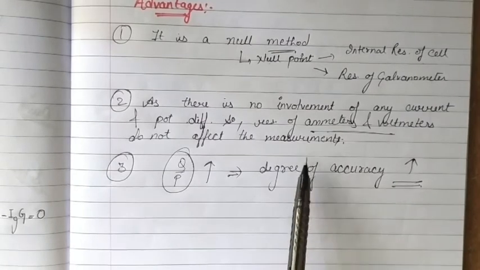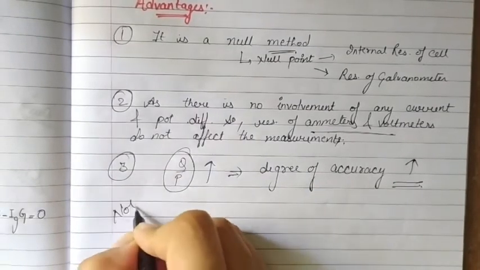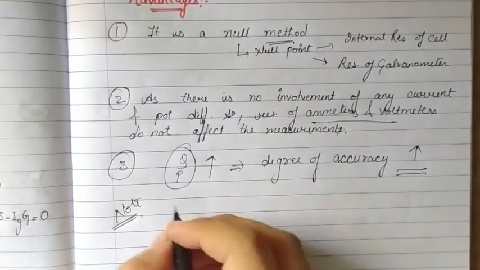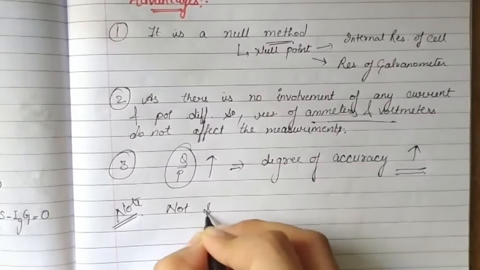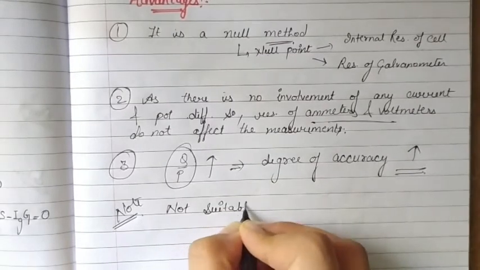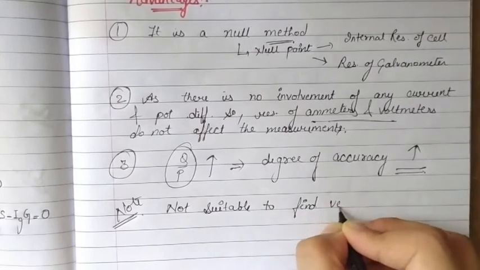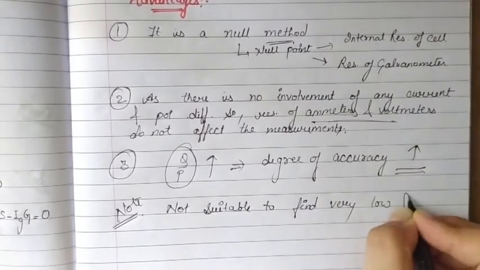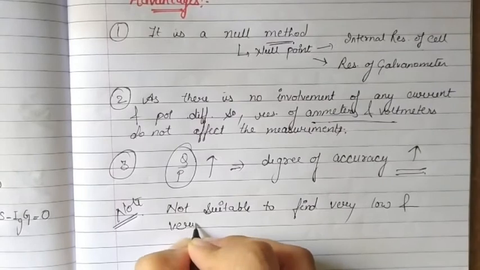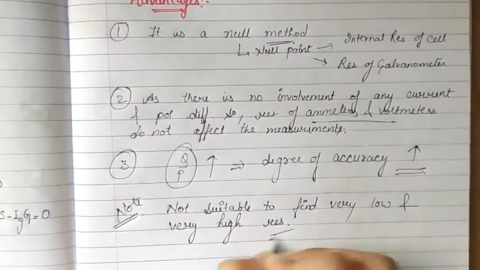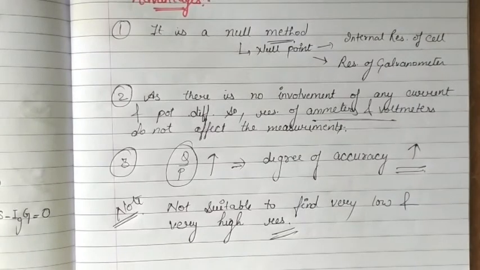So what is the condition? It's not suitable to find very low and very high resistances, right? So this was all about the Wheatstone bridge.